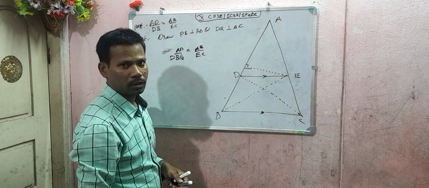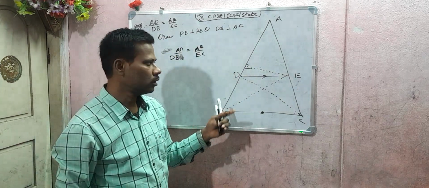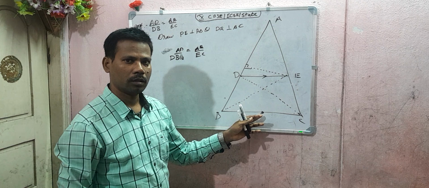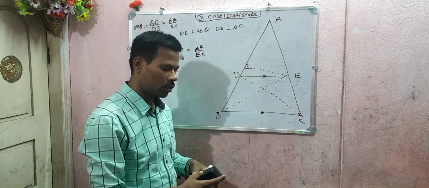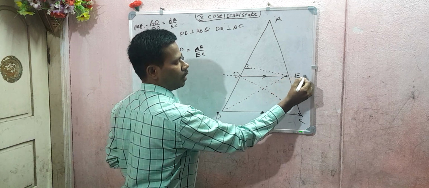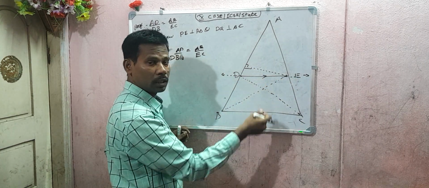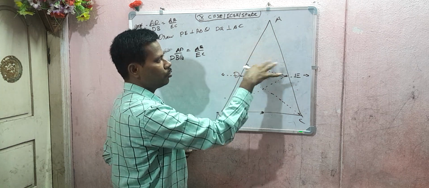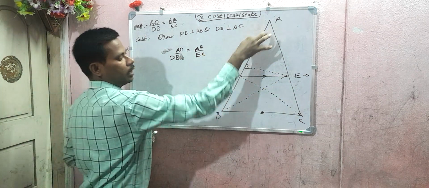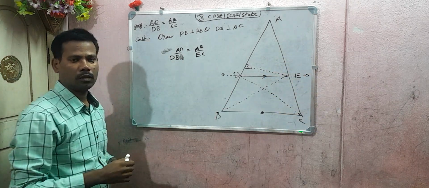They both are the same. That means what the theorem states is, if a line is drawn parallel to one side of a triangle, then it will divide the other two sides in the same ratio: AD by DB or AE by EC, the same ratio.